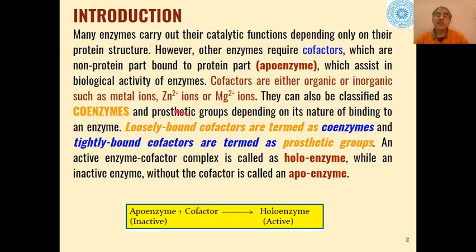And these cofactors are classified as coenzymes and prosthetic groups, depending on their nature of binding to the enzyme, that is, how the binding of the cofactor has taken place with the enzyme.